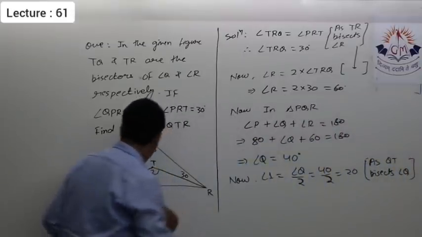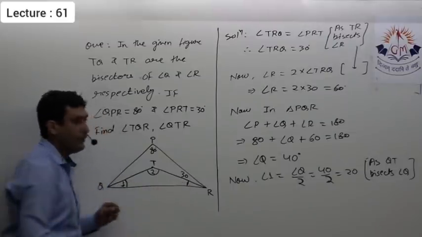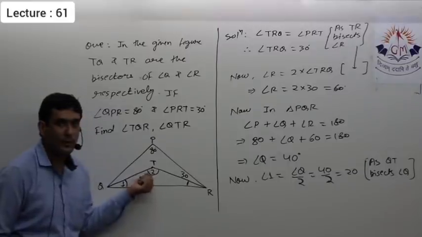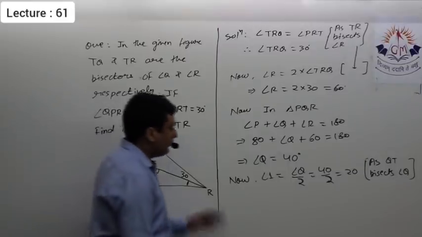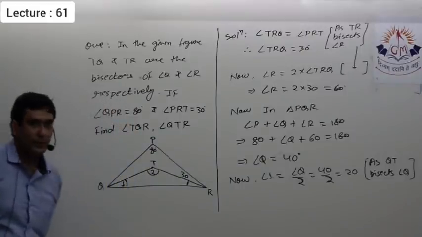So now I have got the measure of angle 1, and I also have the measure of angle TRQ. By applying the angle sum property in triangle QTR, I will be able to get the measure of angle 2. So first of all, note it down up to this point, then I will give you the remaining solution.